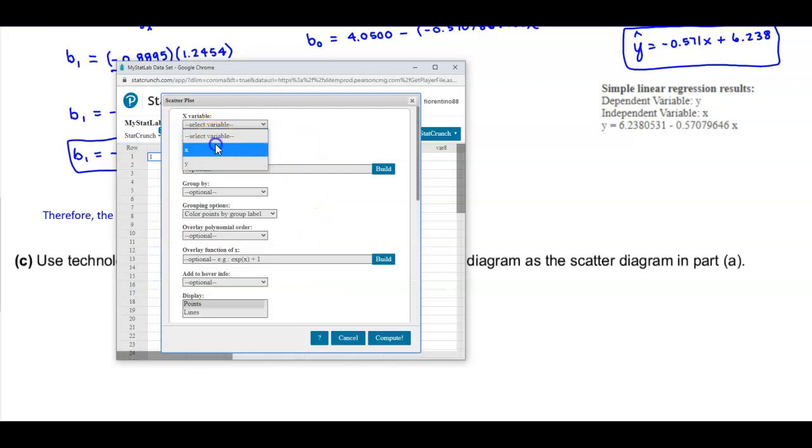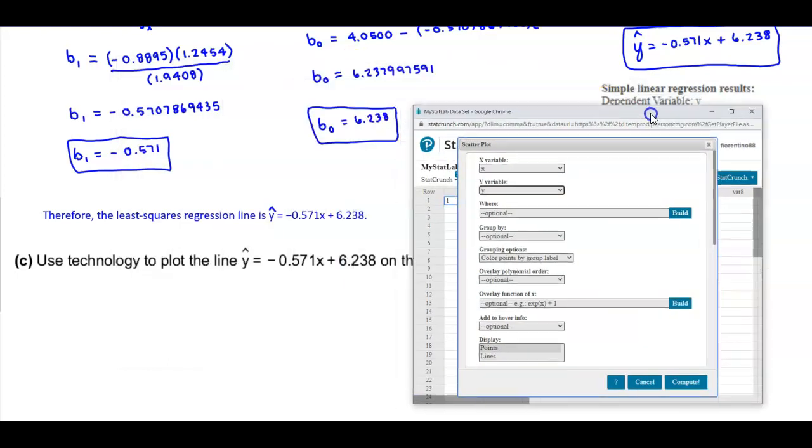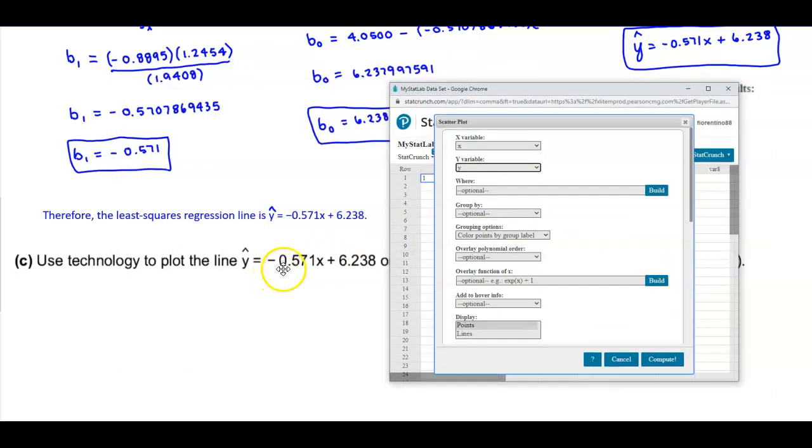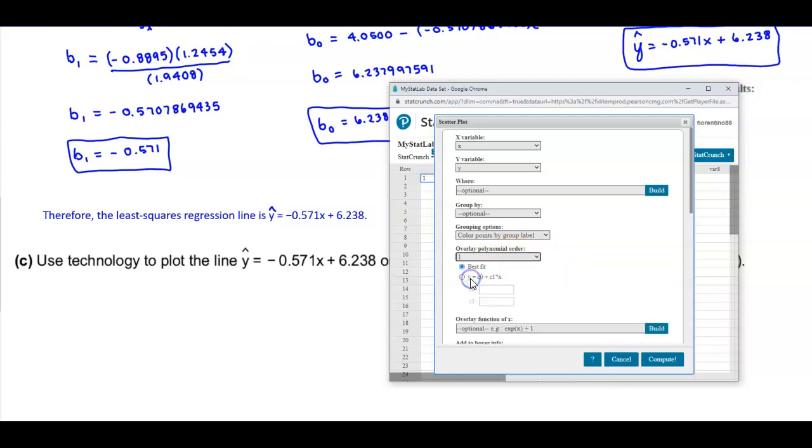We have our value for x and our value for y. Now we have our slope, which is negative 0.571, and our y-intercept of 6.238. You see where it says overlay polynomial order. We're going to select that and put in 1.